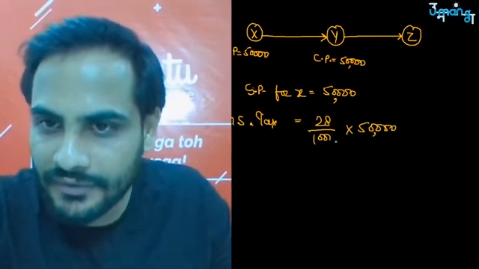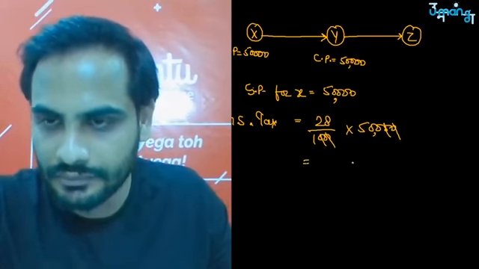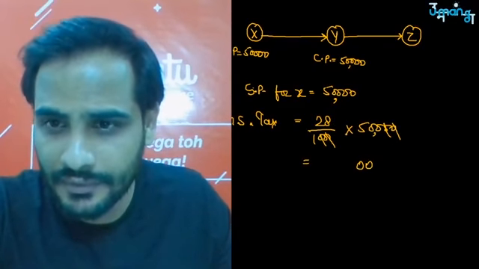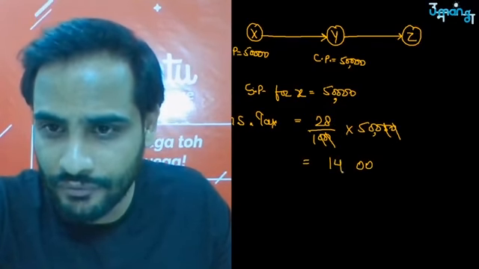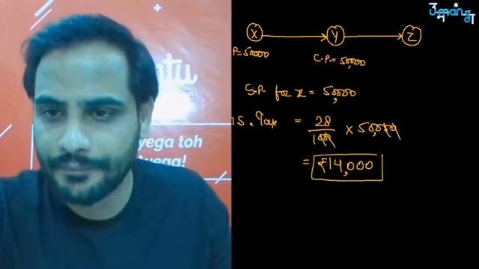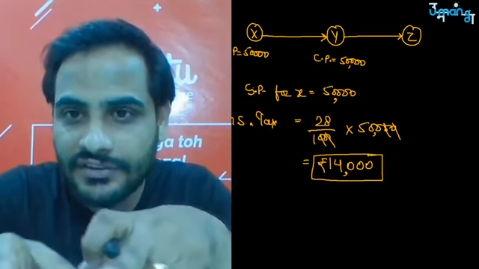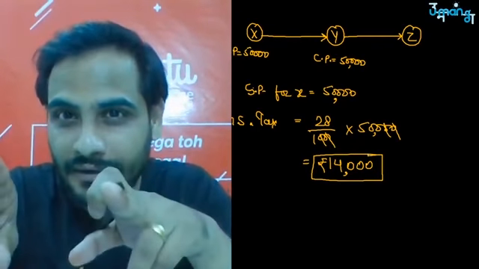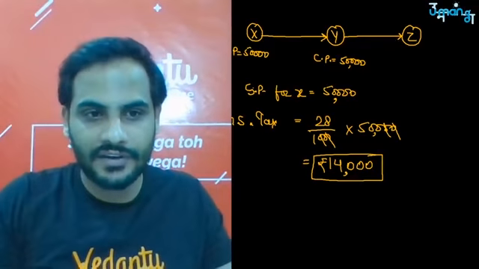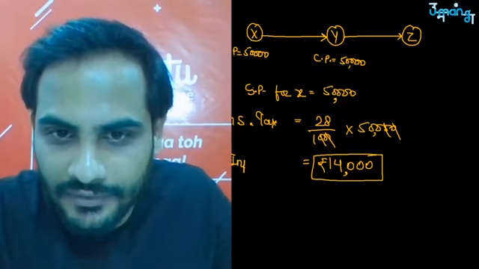These two zeros cancel, and you get rupees 14,000 as your GST. This is the GST which Y has paid, so this is your input GST. I can say input tax.